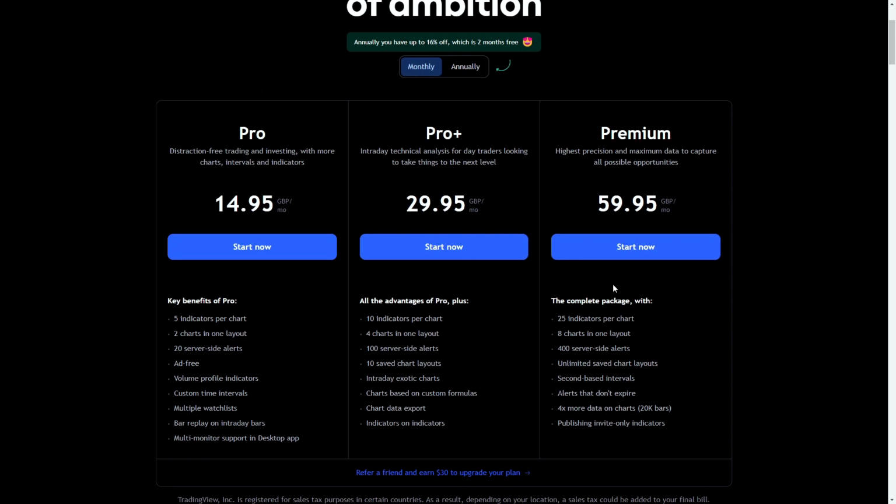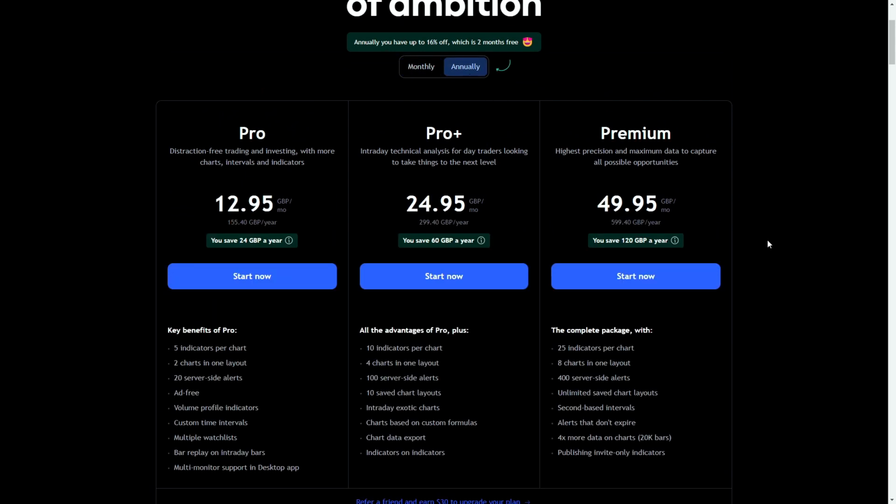I think it's certainly worth talking overall about the cost of this, and particularly if we look at the annual cost. Now, there are quite a few platforms out there that give you a comprehensive charting package like TradingView. For example, TrendSpider is, I would say, certainly a more advanced version. It is a lot more expensive though.